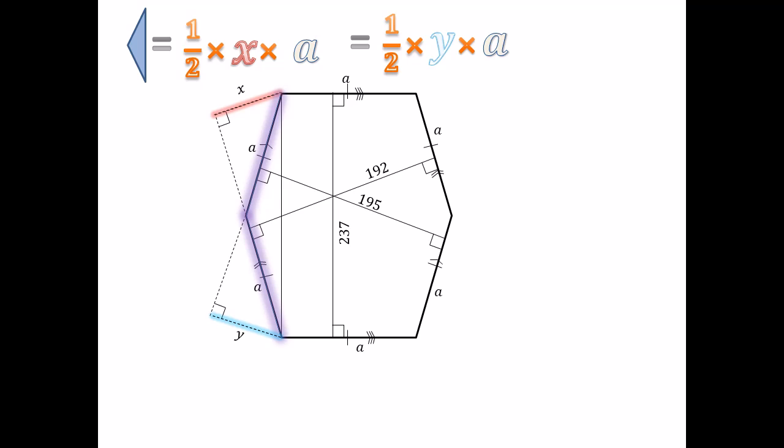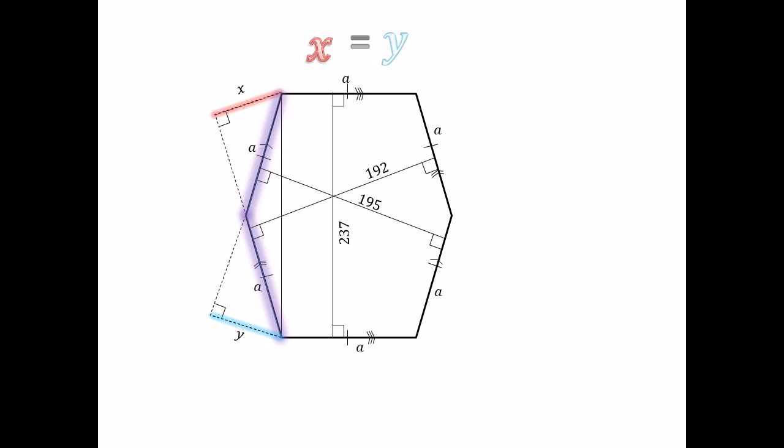And these two areas are the area of the same blue shaded triangle, so we can equalize them. Now half cancels, A cancels, which means that X is equal to Y. That means the magnitude of Y is equal to the magnitude of X.